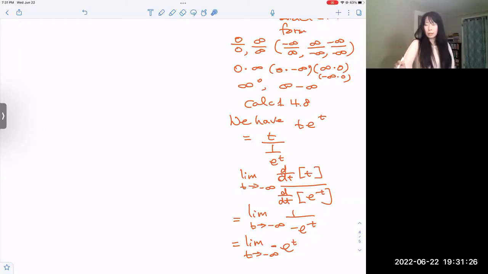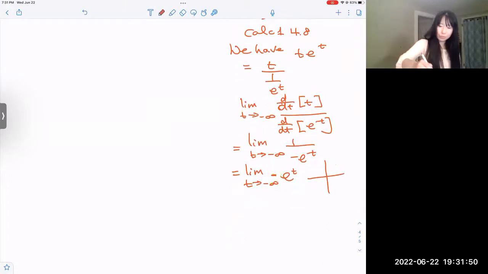All right, then think about this one. Look, we have e to the t like that. Then what is this telling us? Think about y equals x squared and y equals negative x squared.